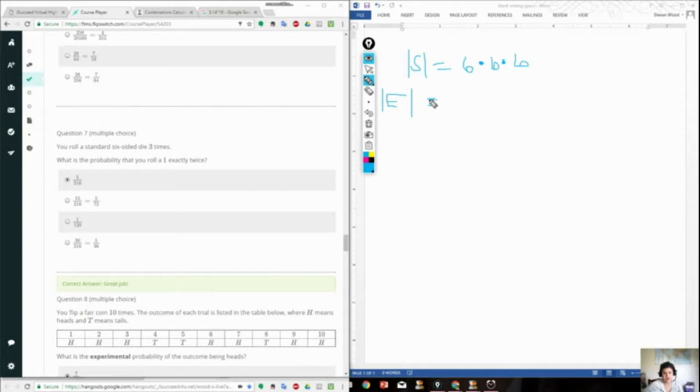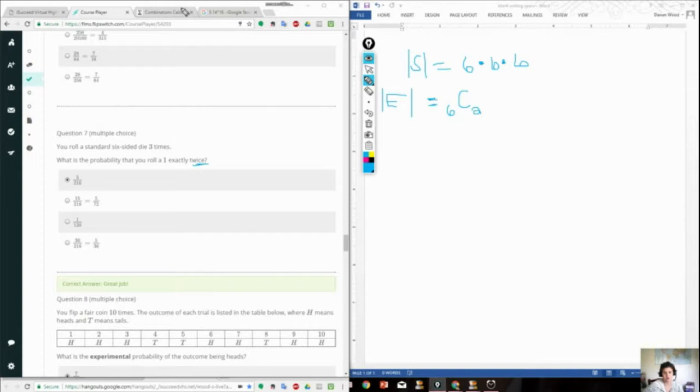So now this is a combination because it doesn't matter whether I roll the 1 in the first position, the second position, or the third position, as long as I have 2 of those 1s. So we have 6 numbers, and we're going to choose 2 because we want that number 1 twice.